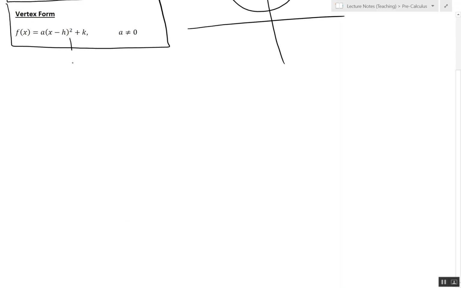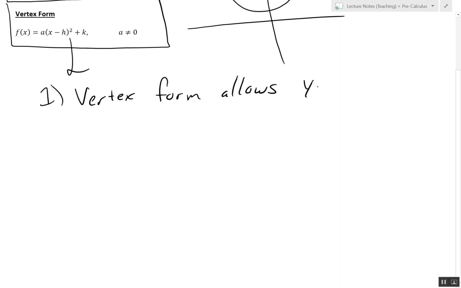First of all, there's a couple things you should know. One, the vertex form allows you to graph any quadratic using translations.